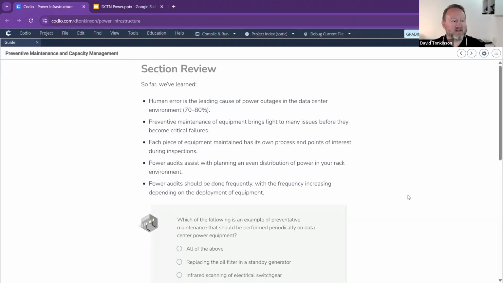Okay, there's another question there that says, what design considerations ensure the A side and B side power feeds remain fully independent? The way we make it independent is we either do something clever with color-coded cables, or we basically use separate PDUs.